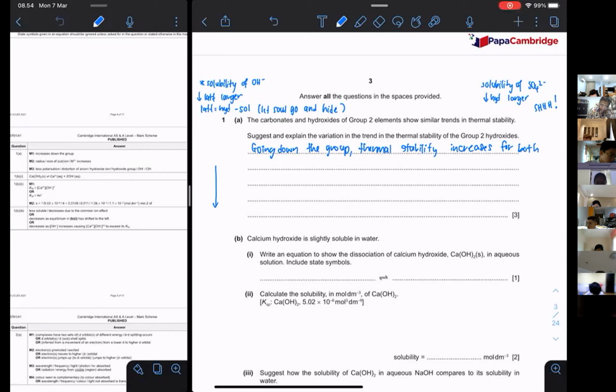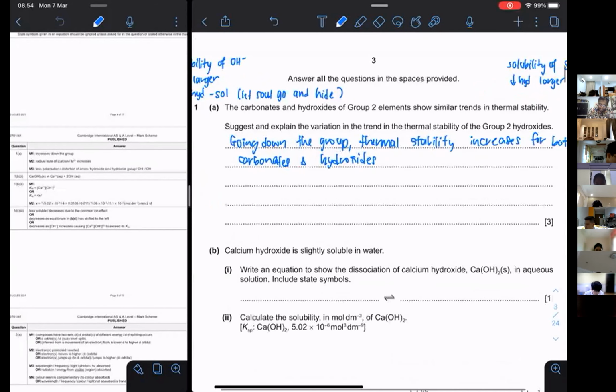The reason behind this is what we call ion polarization. In AS, we learn about what happens to the thermal stability. You just need to remember that you require more heat to break down the lower group 2 elements, which are the carbonates and hydroxides.